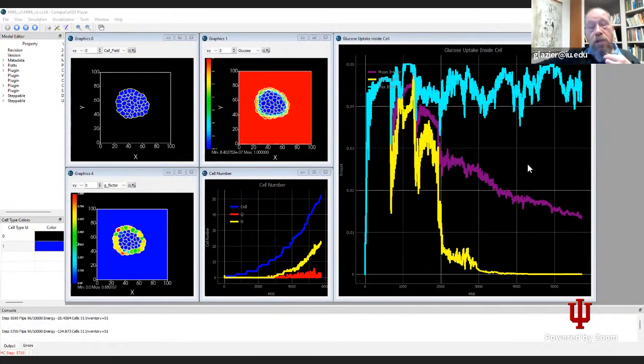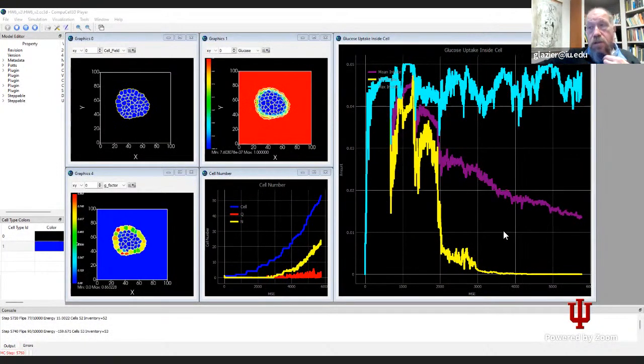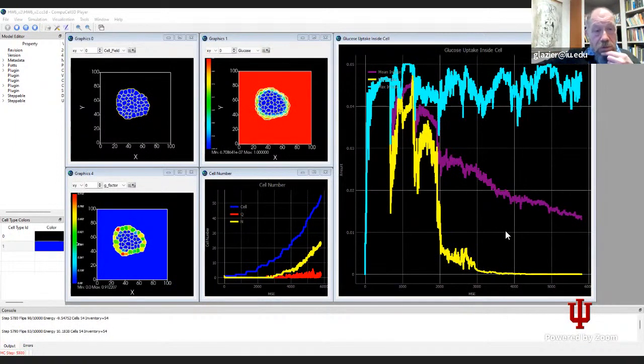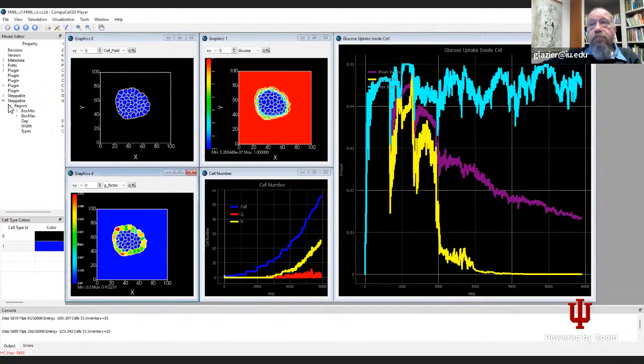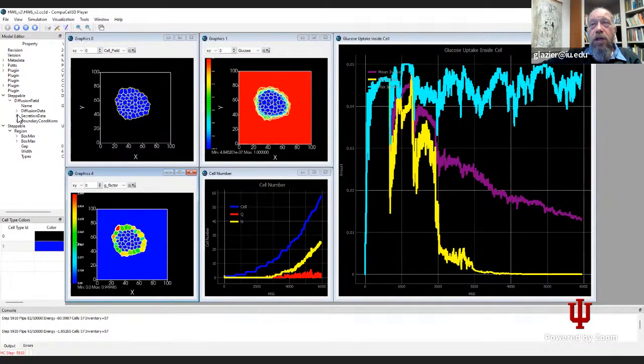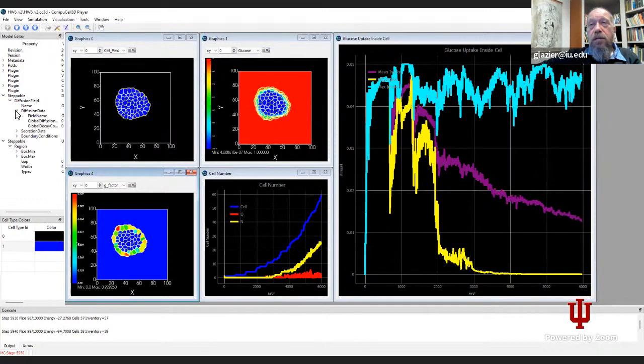If you made the diffusion constant higher, then you should see more proliferating cells, or at least the surface layer should be thicker. So that's something you could do actually while you're running. If you go into the diffusion steppable and then change the diffusion constant.